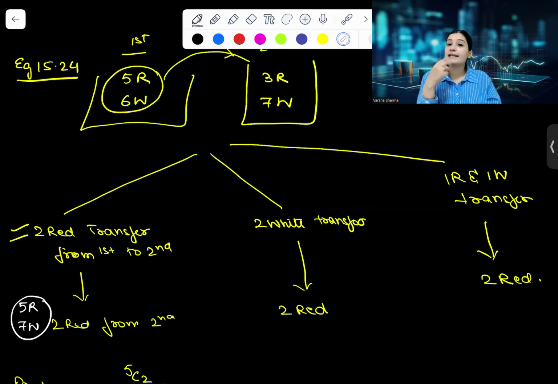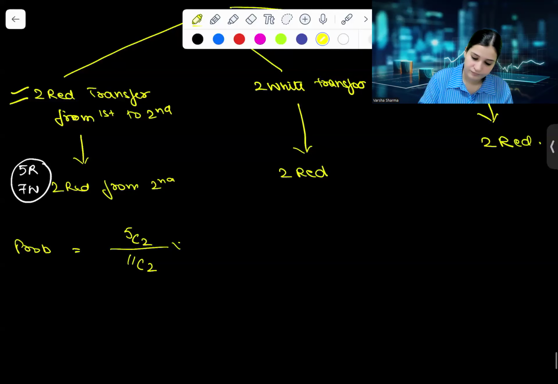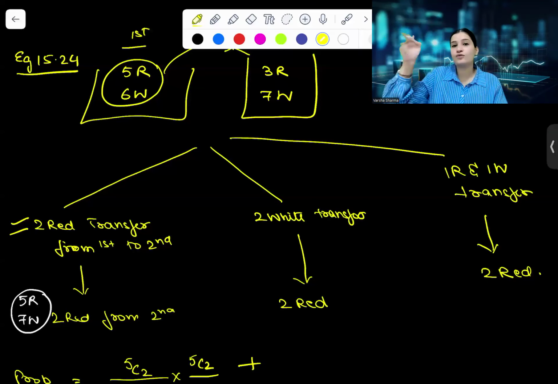Now from it select two red balls: 5C2 by 12C2. Favorable by total. Or second case: from the first bag, transfer two white.